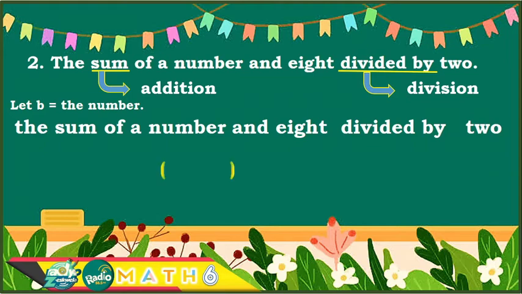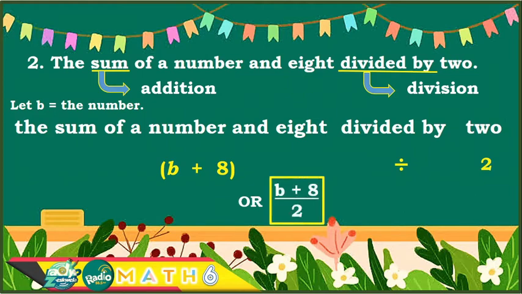Thus, it can be translated as (B + 8) divided by 2, or B + 8 all over 2, where B + 8 means the sum of a number and 8, the division sign stands for the words divided by, and the number 2.